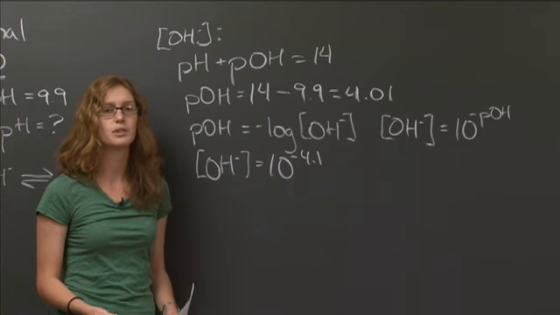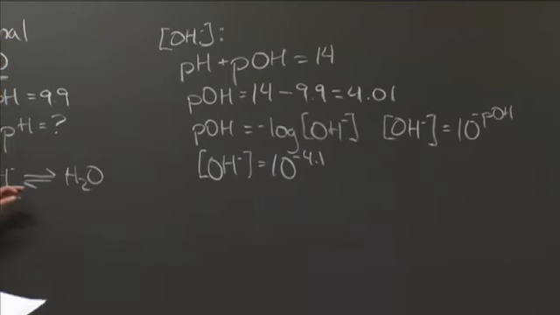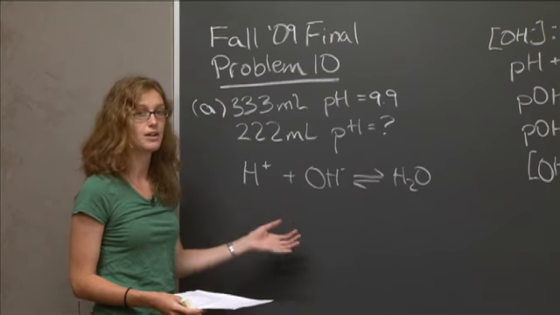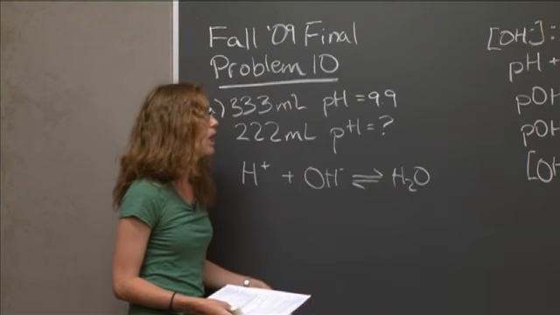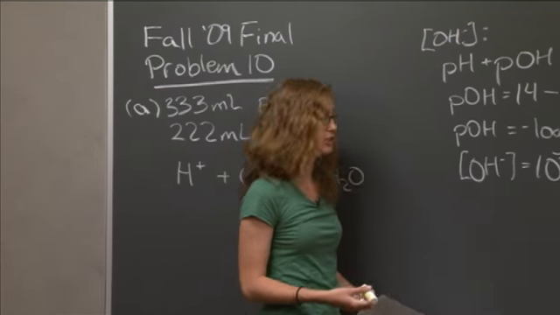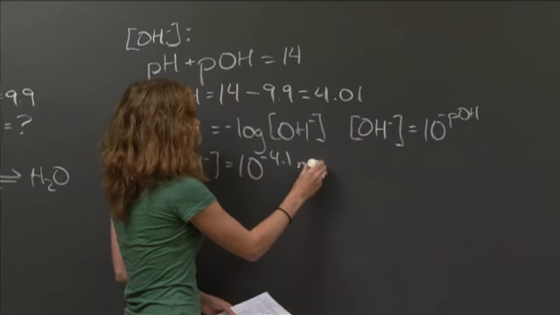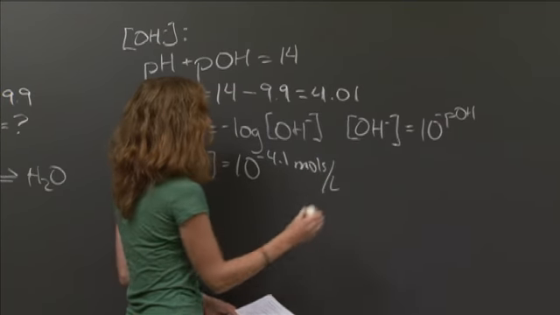But what we really want to know, if we're going to use our neutralization reaction here, is how many moles of hydroxide we have in that solution. And we can just do that with stoichiometry, right? Concentration is in moles per liter.